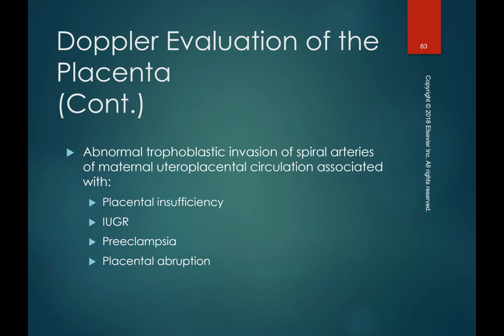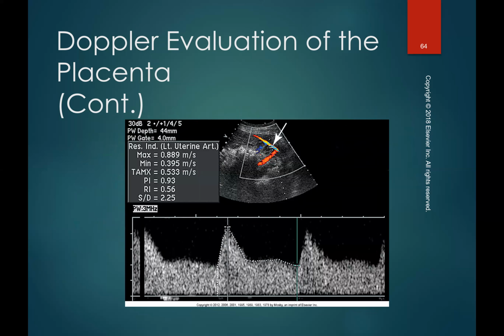Abnormal trophoblastic invasion of the spiral arteries of the maternal uteroplacental circulation is associated with placental insufficiency, IUGR, preeclampsia, and placental abruption. So this is showing the blood flow within the placenta with a high resistance flow.